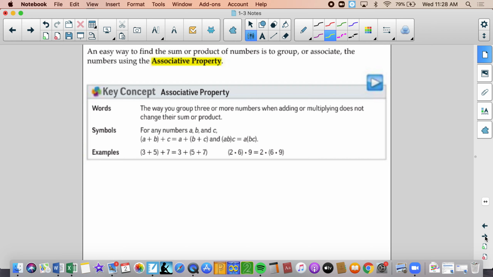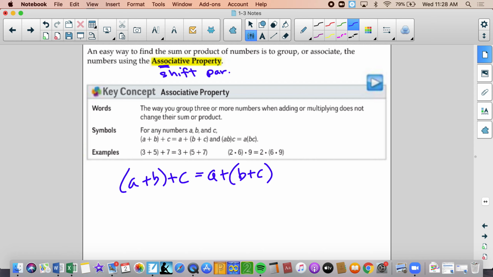The associative property, the 2 S's in associative, remind me to shift. We're going to shift the parentheses. So if we shift the parentheses, we see that A plus B plus C can equal A plus the quantity B plus C. Again, it's sort of dealing with order of operations.